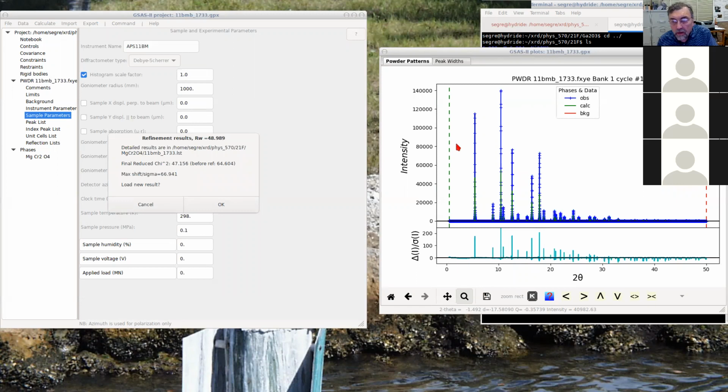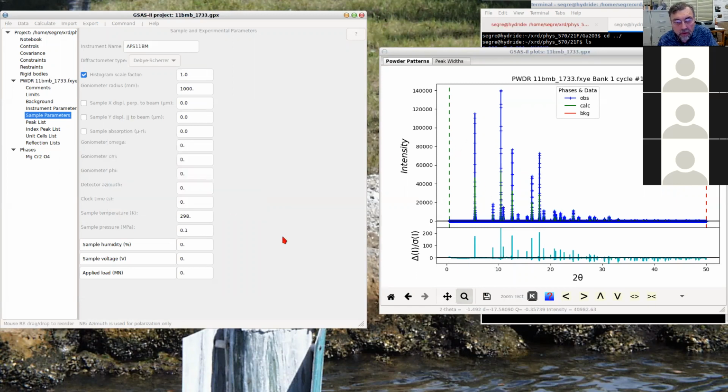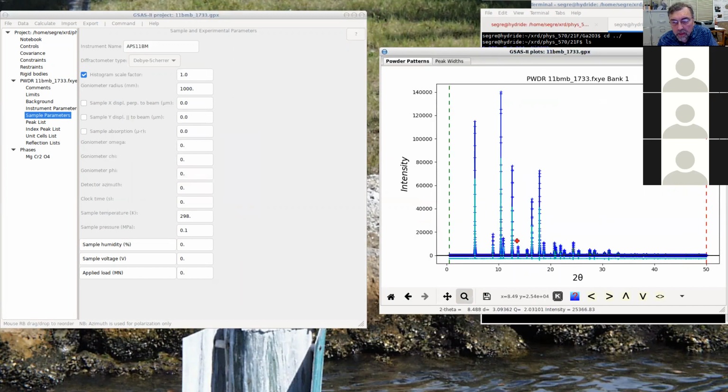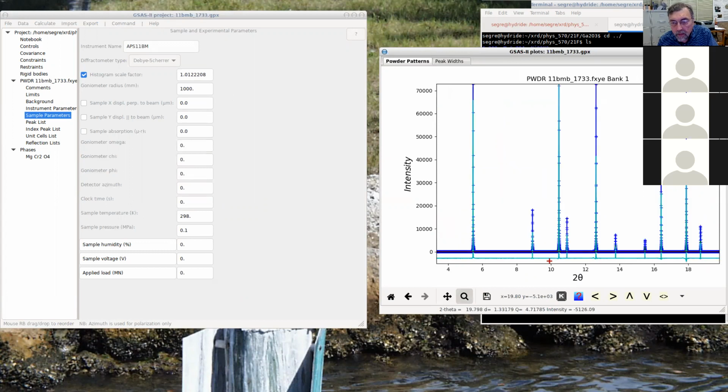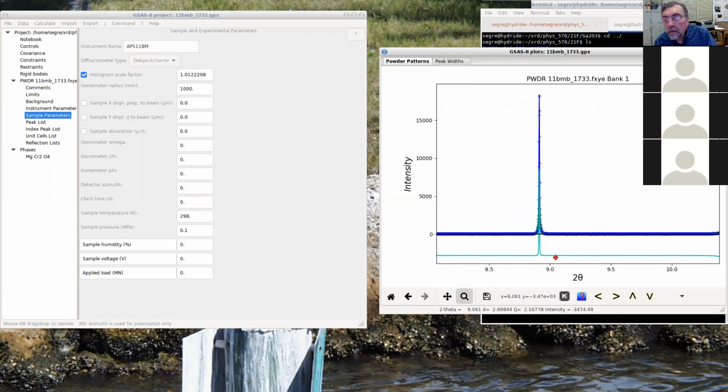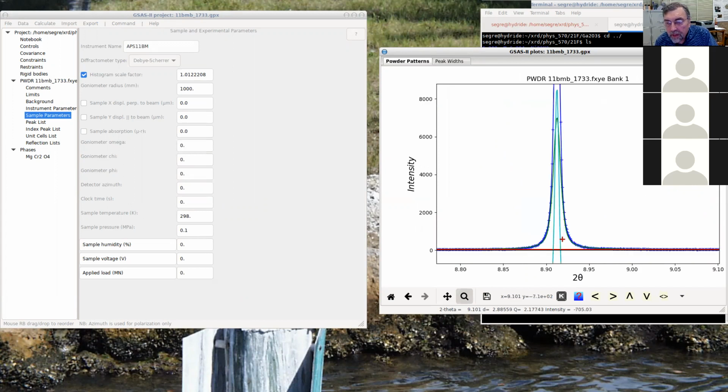And you can see here, if I zoom in, the peaks, it's hard to see, but the green is the fit. So you see the fit is here, it's a small peak, it's in the right place, but it certainly doesn't meet the intensity.